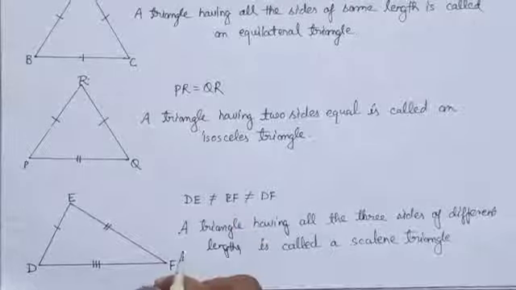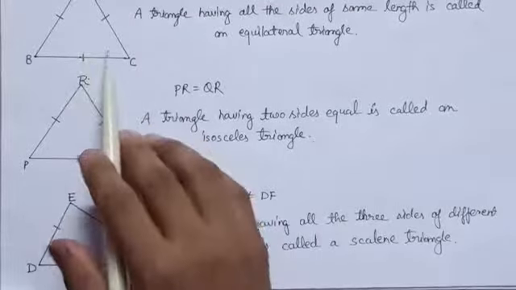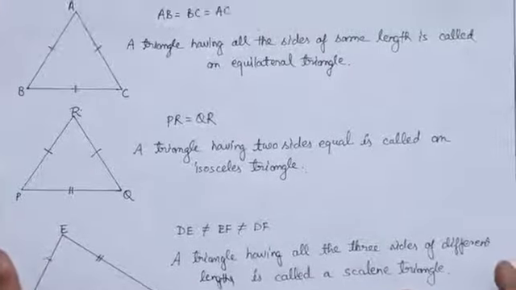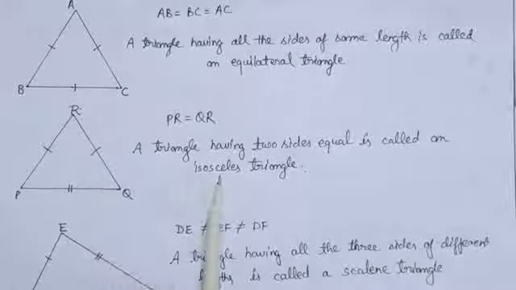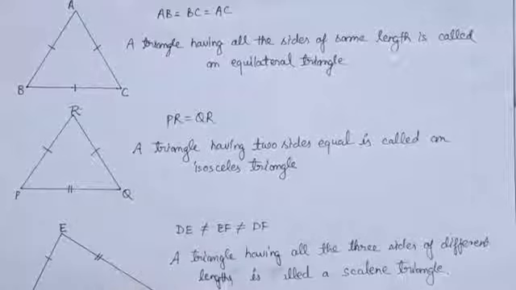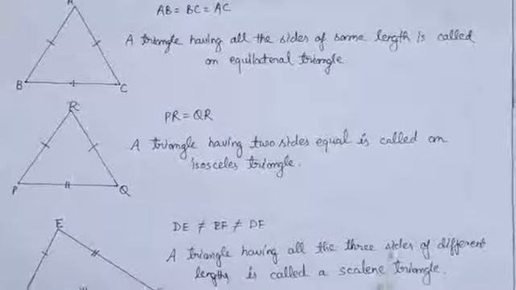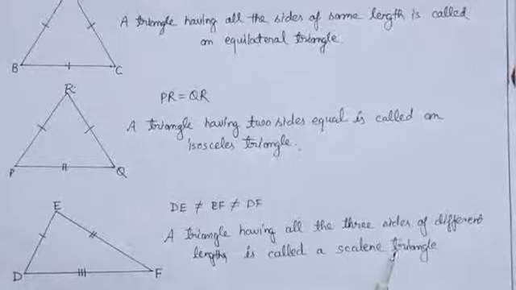So I hope it is clear. A triangle having all sides equal is an equilateral triangle, a triangle having two sides equal is an isosceles triangle, and a triangle having all sides of different length is a scalene triangle.